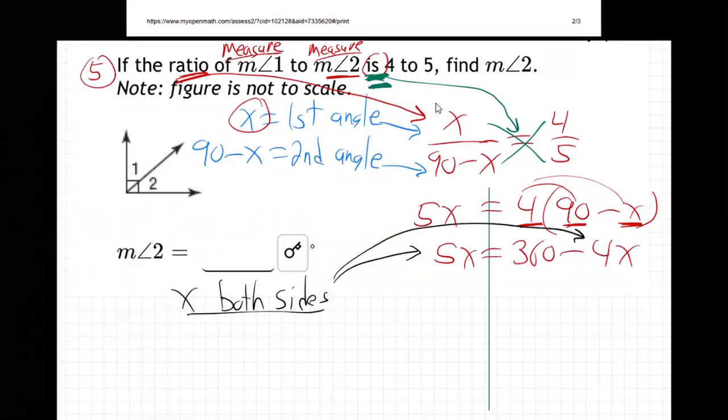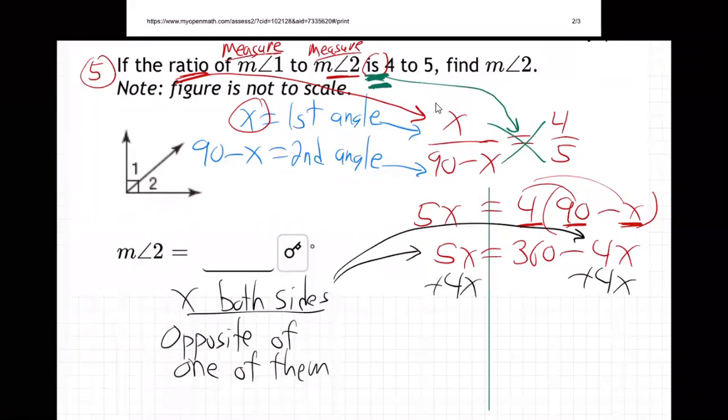What do we do? Do the opposite of one of them. Remember, you do the opposite of one of them. So I'll come in here and go plus 4x. That's the opposite of that one, huh? And whatever you do to one side, do the same thing to the other. Boom, boom, like that.